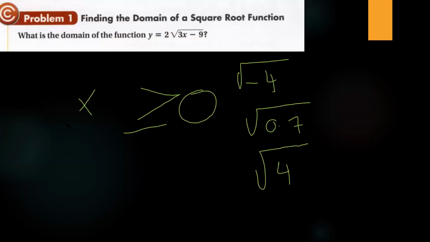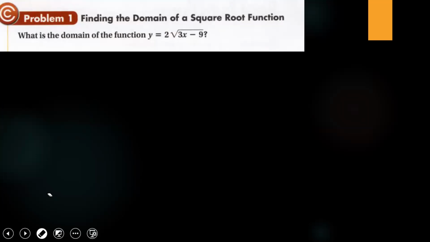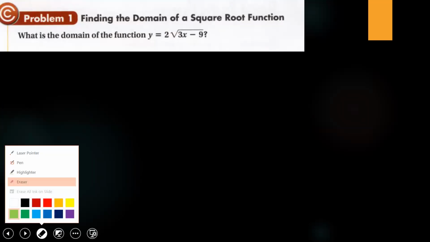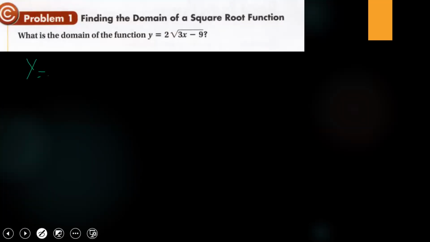So if we have the square root of x, x must be greater than or equal to 0. What about if we have 3x minus 9 under the square root? What can I do? First step, look at this function: y equals 2 square root of 3x minus 9.